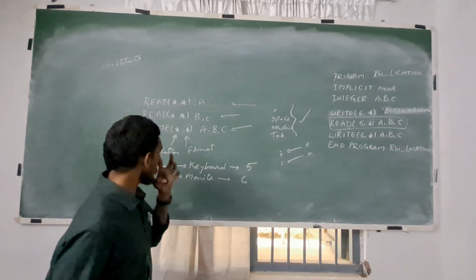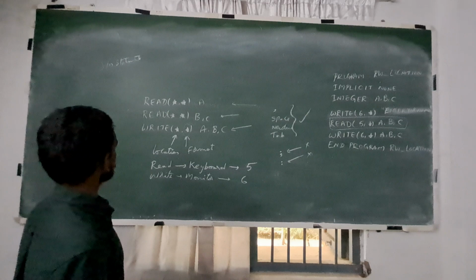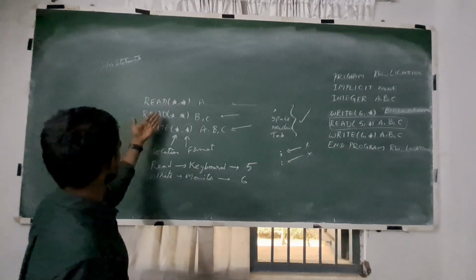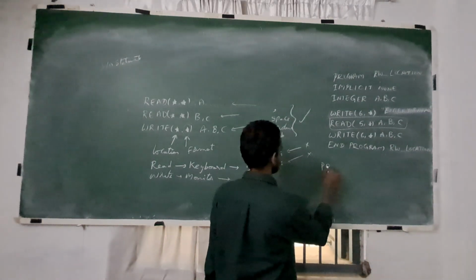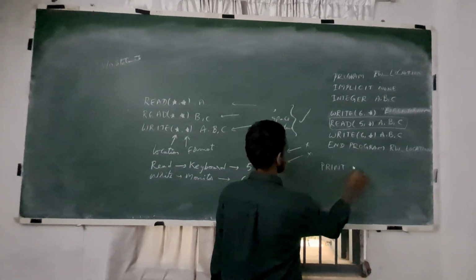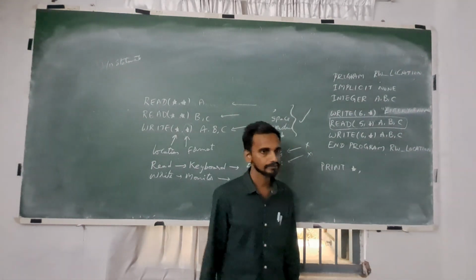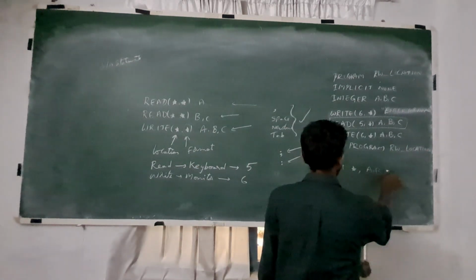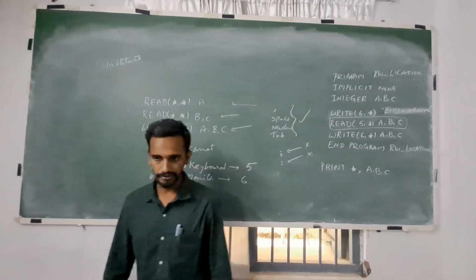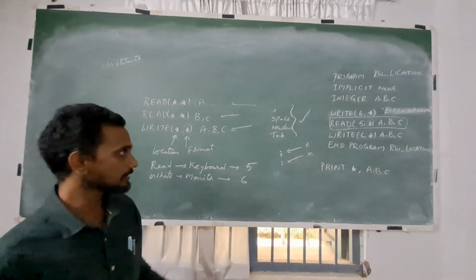OK, so another kind of write statement is print. Print star comma ABC. So instead of write, use this.